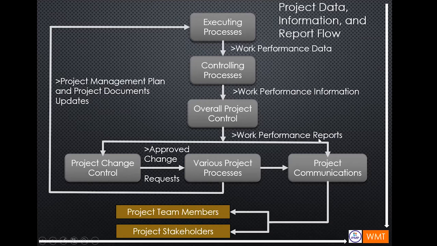If there are some changes, for example on the baselines, you have to go to the project change control. Then the approved change requests will go to the various project processes, then go back again to the executing processes. If there's no problem with the performance reports, this will go to the project communications and will be distributed to the project team and the project stakeholders.